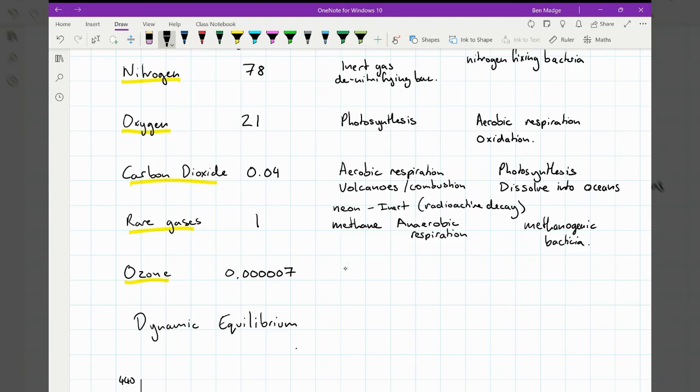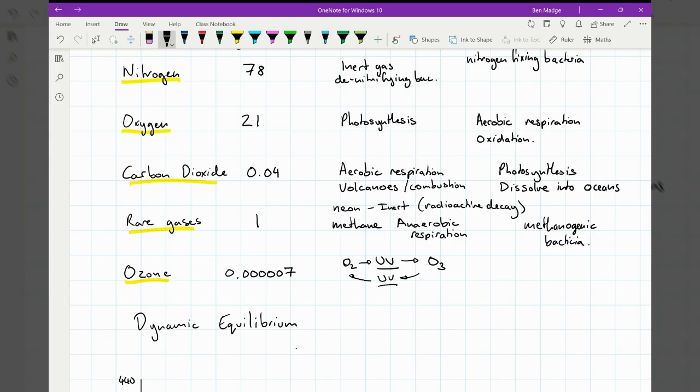And this is from the breakdown of oxygen in the presence of UV radiation to produce ozone. And it's broken down in the same way. In the presence of UV, it will also decay back into oxygen. So it's like a dynamic balance.